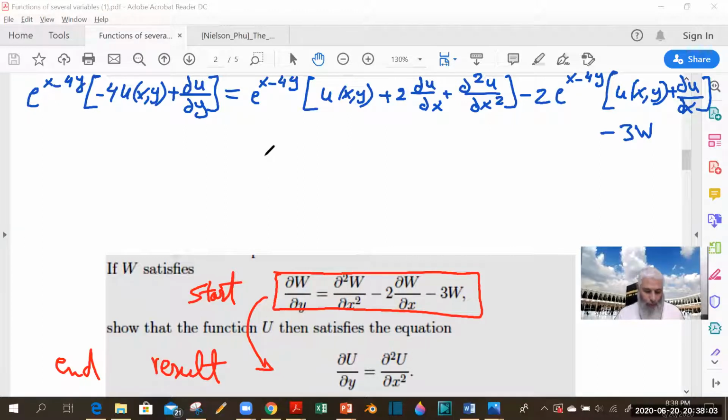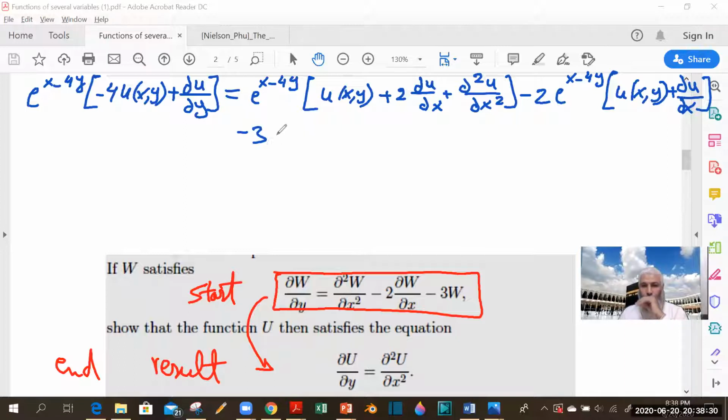What about w? W is equal to what? W equals e power negative 4y, I remember. Multiply u xy. Yes, so we need to write this like this. Minus 3.